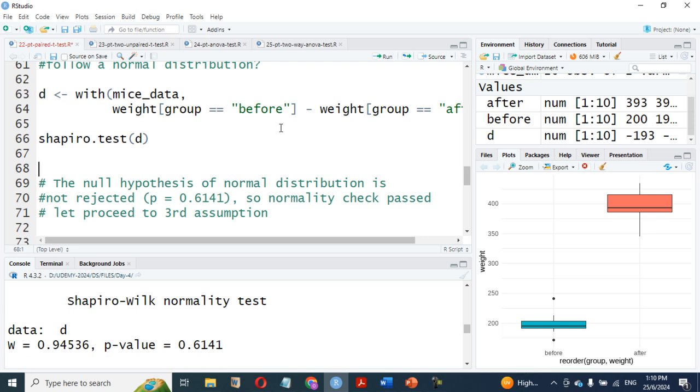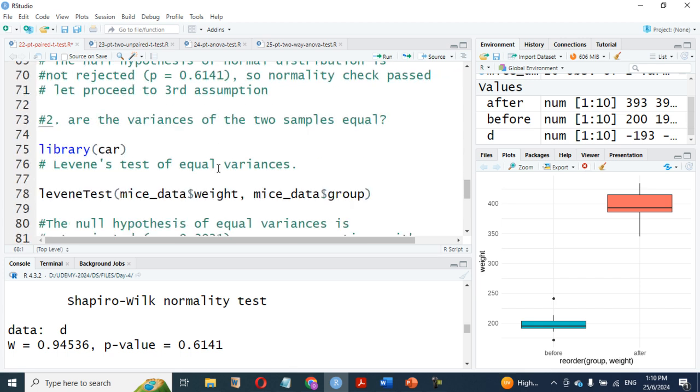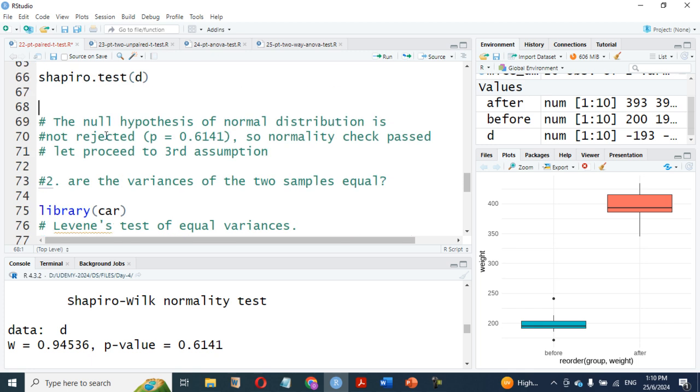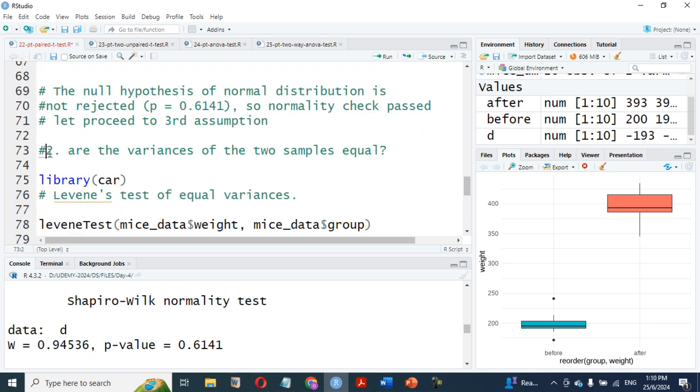So in that case, the null hypothesis of the normal distribution is not rejected. Okay, and so the normality check passed. So we now can proceed to the third assumption. Number three now.